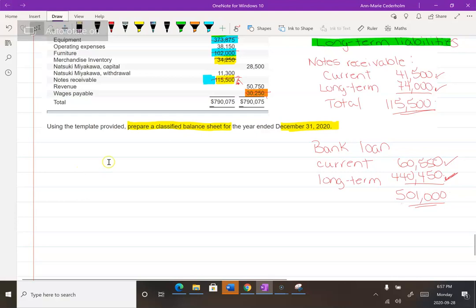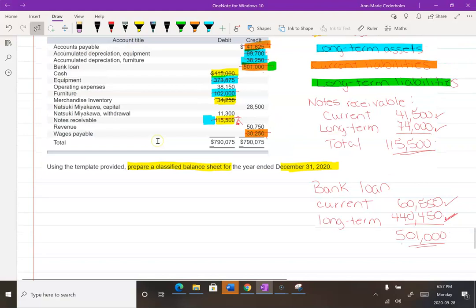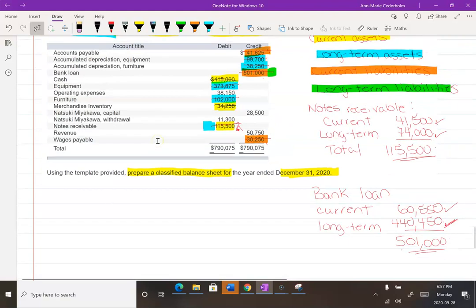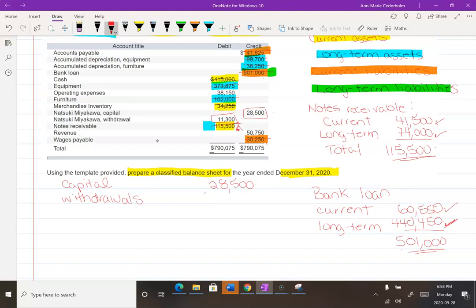So I'm just going to do a statement of investment income. Or maybe even quicker, I'm just going to identify the accounts that I'm going to take. So if I have my opening capital, which is this 28,500, and I subtract my withdrawals of 11,300.